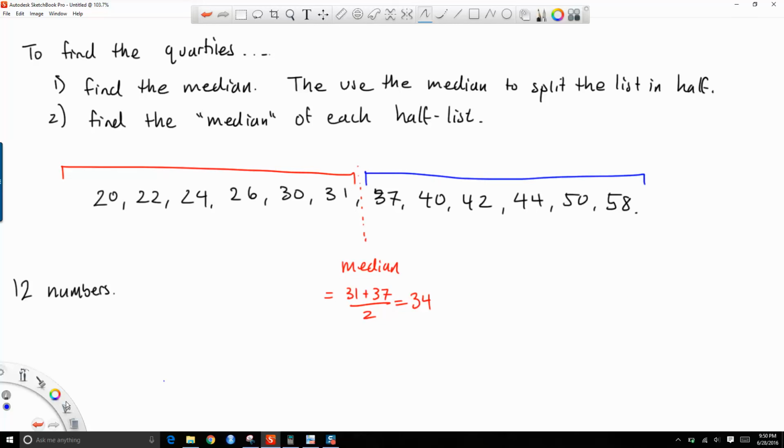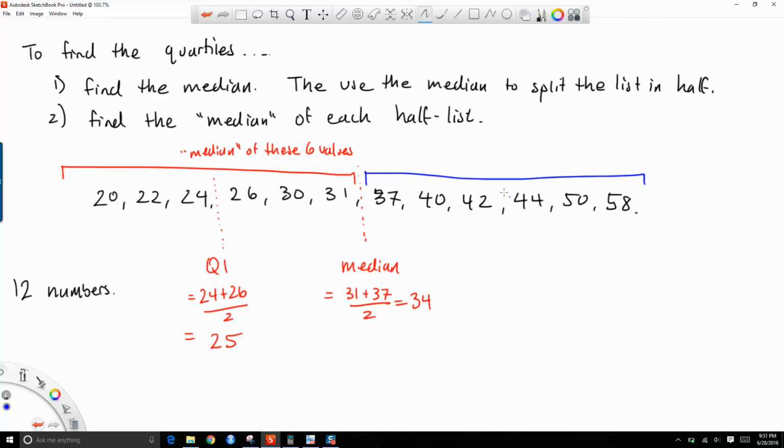And so Q1 is going to be the median of these 6 numbers. So Q1 will be 24 plus 26 divided by 2. So Q1 is equal to 25.